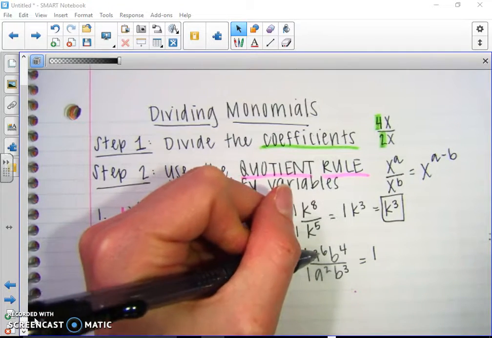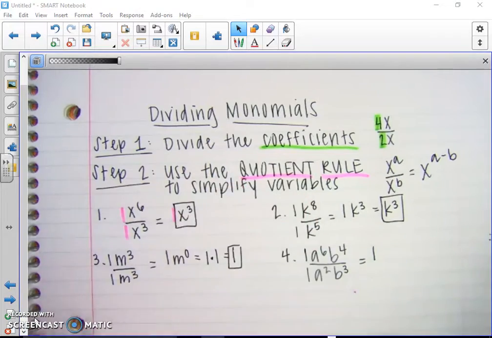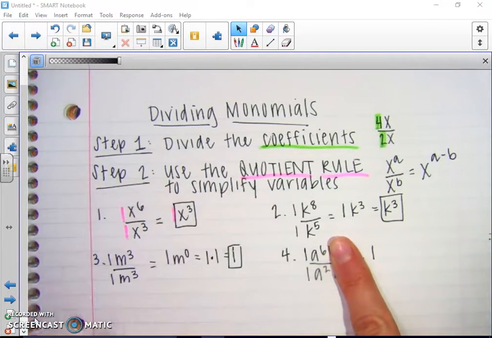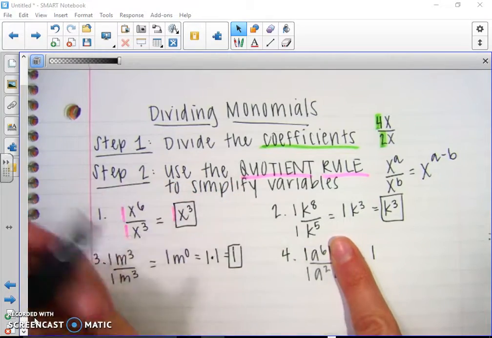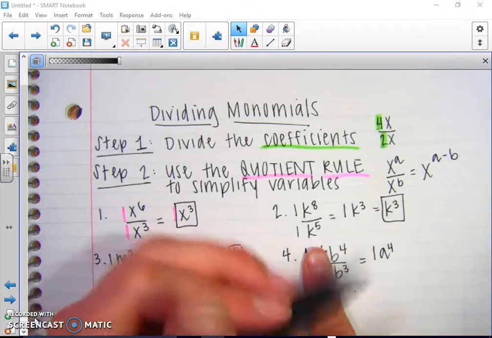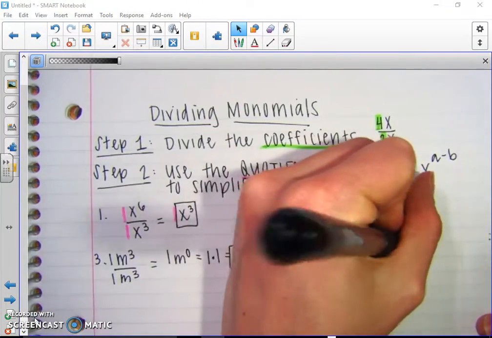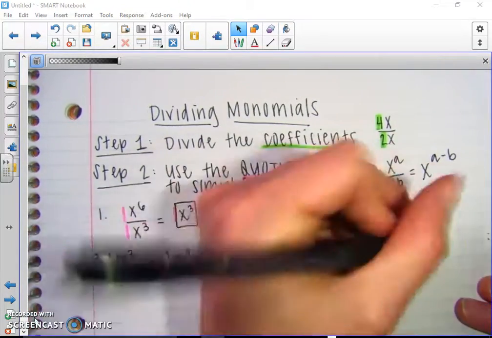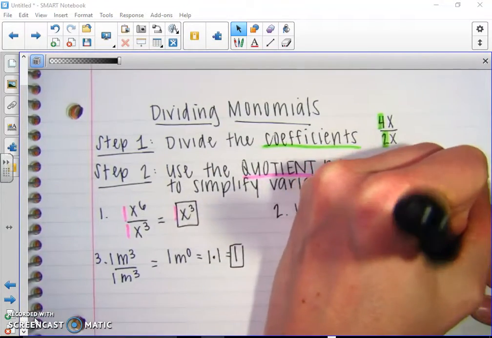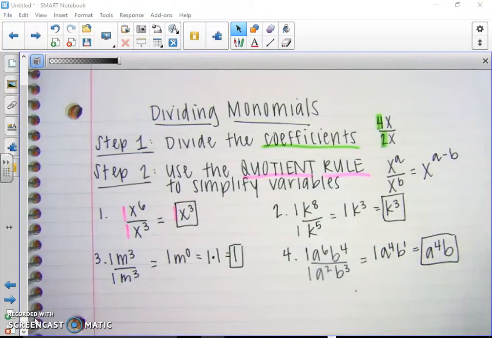So what I mean is if I have a to the 6th and a squared, I'm not even going to look at the b's when I write my a answer. So 6 minus 2 gives us 4, so I have a to the 4th. And then we'll look at the b's. 4 minus 3 is just 1, so that's just b, or you could say b to the 1. Our final answer is a to the 4th times b.